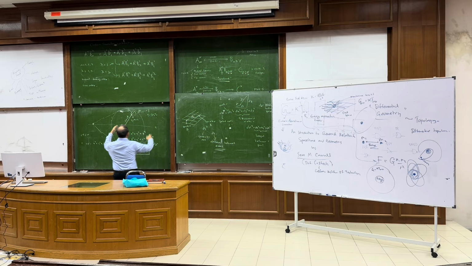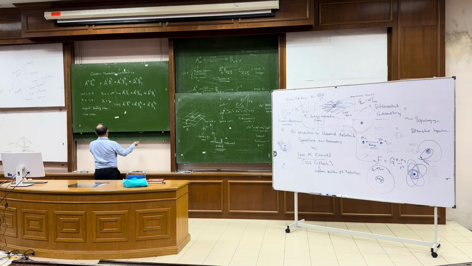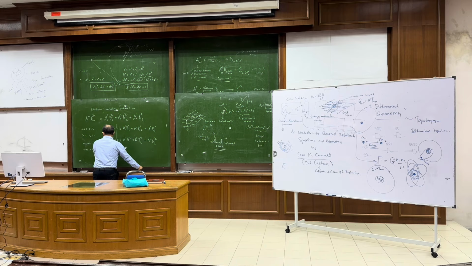That's how. But there is a more general case: c squared dt squared minus d sigma squared is called ds squared. We call it ds squared. This is the space-time metric. Okay, so let me go for the example.